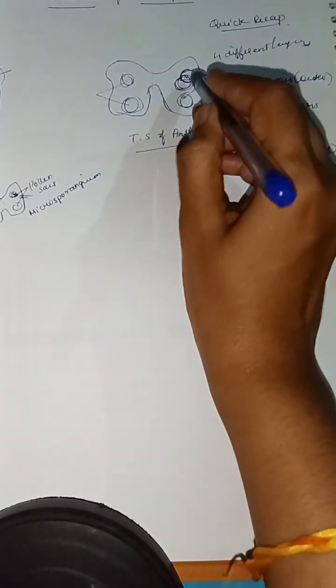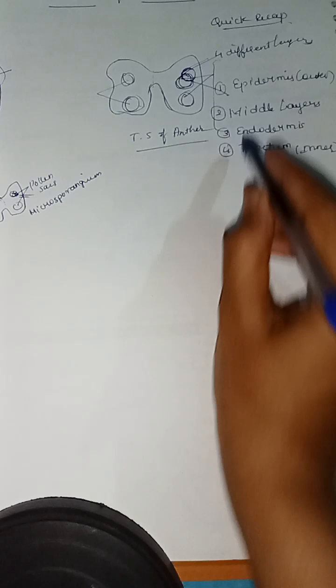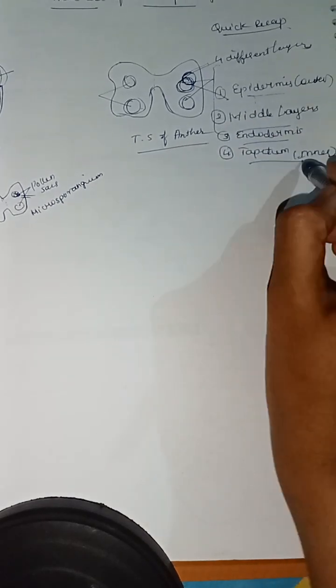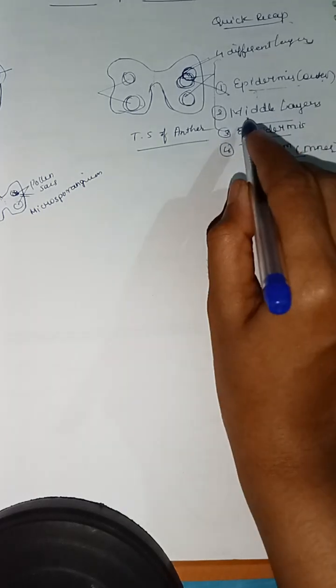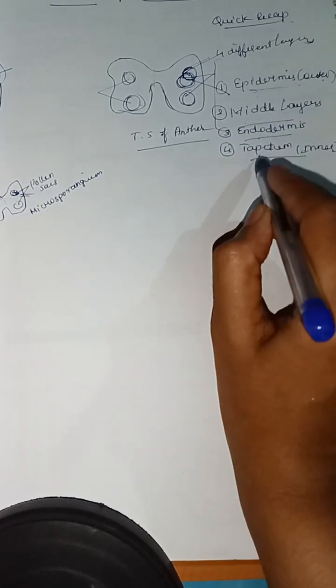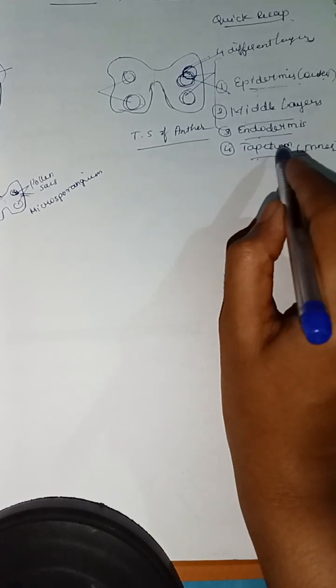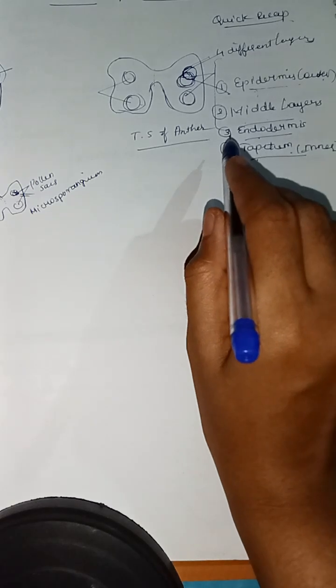If we take a look at this part, we get these four layers: epidermis, middle layers, endodermis and tapetum. Epidermis is the outermost layer, middle layers is the second, endodermis is third, and tapetum is the innermost layer. Before the formation of this mature part, there will be an immature part.